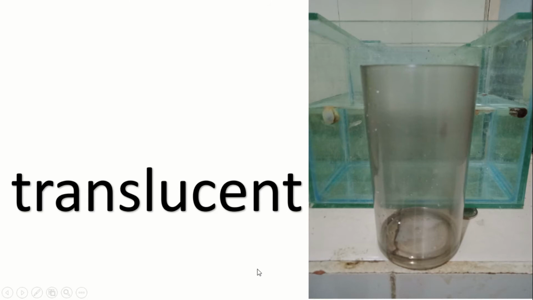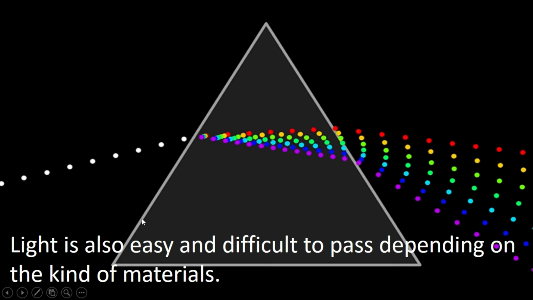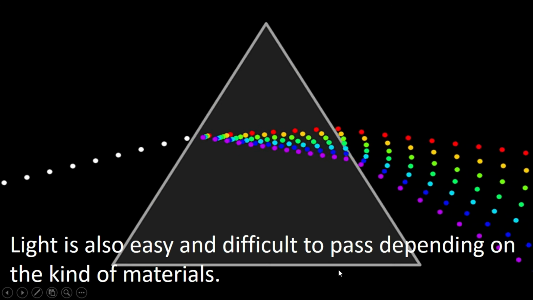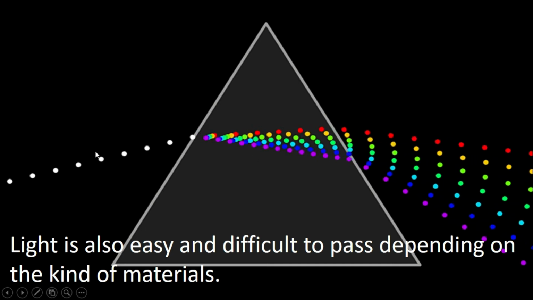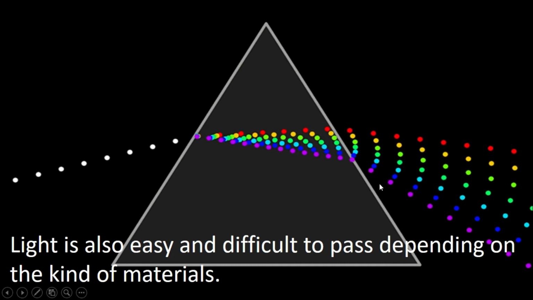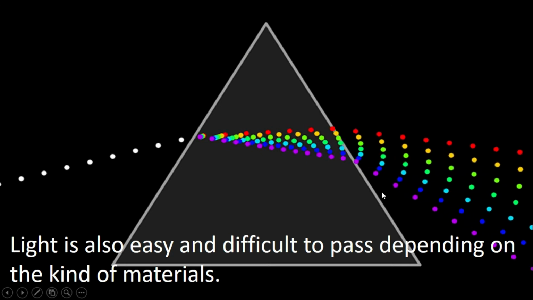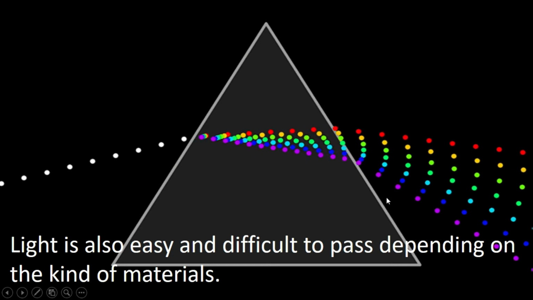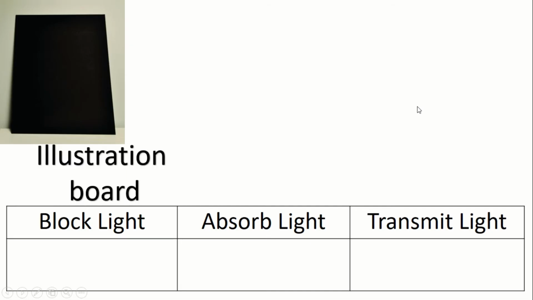So these are the three kinds of things which we will encounter in our lessons. Light is also easy or difficult to pass depending on the kind of materials. So the candle that I have guessed for you is very difficult for you to know because of the thing that I have used. This is also the same with light.